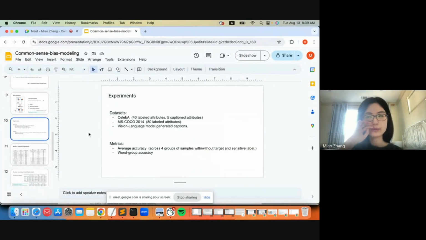CelebA is a bigger one. I think it has around 40,000 images, and MS COCO maybe 10,000 around. I cannot remember clearly.